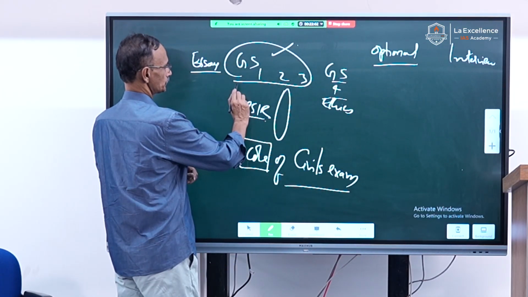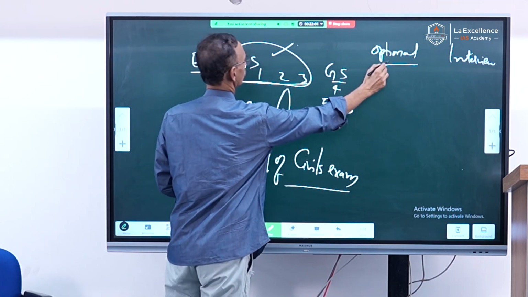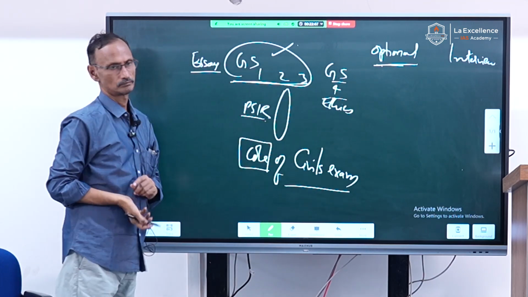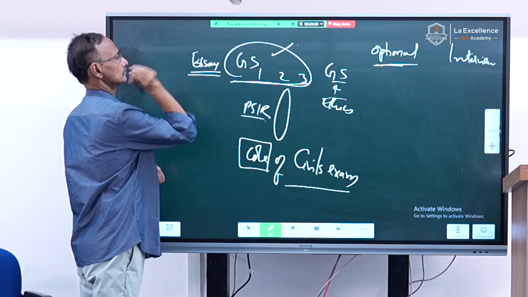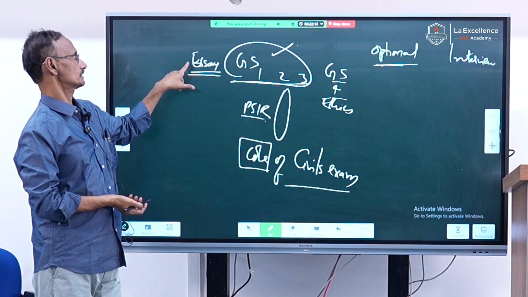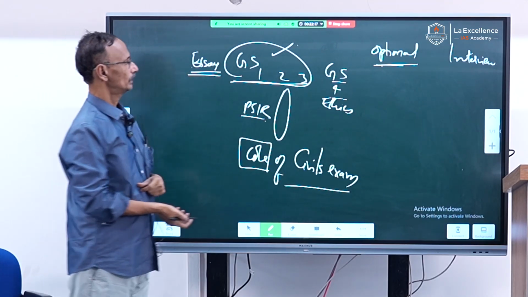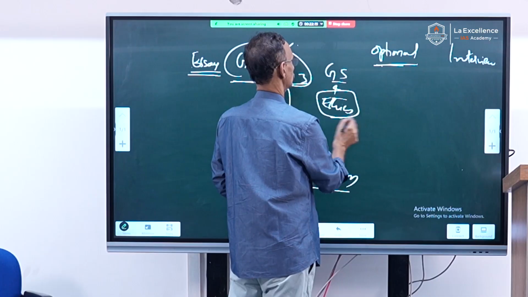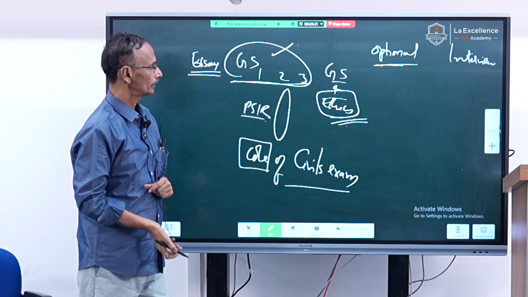So a chunk of GS 1 to 3 is covered in the optional. And for essay, PSIR comes closest compared to any other paper. And then the ethics paper. And then interview.